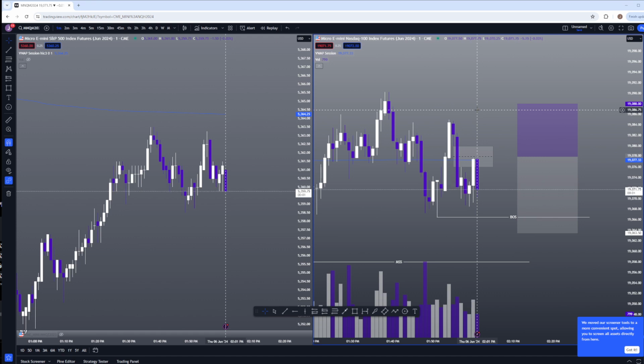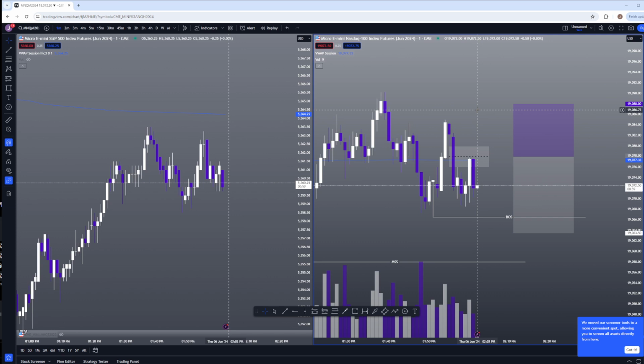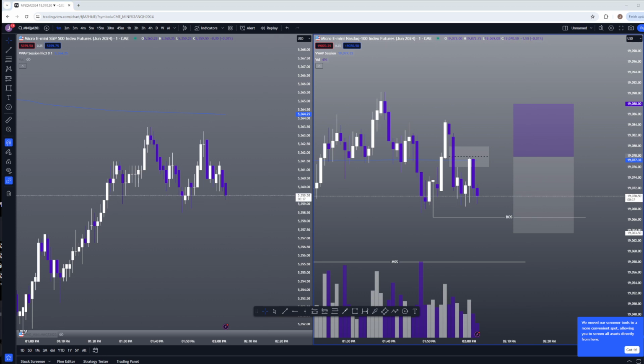Typically what we'll see is in Silver Bullet or Power Hour, we'll see one decent move to at least grab a liquidity level on one side. And sometimes that will happen during this hour. Sometimes it won't happen until our last hour of the market.